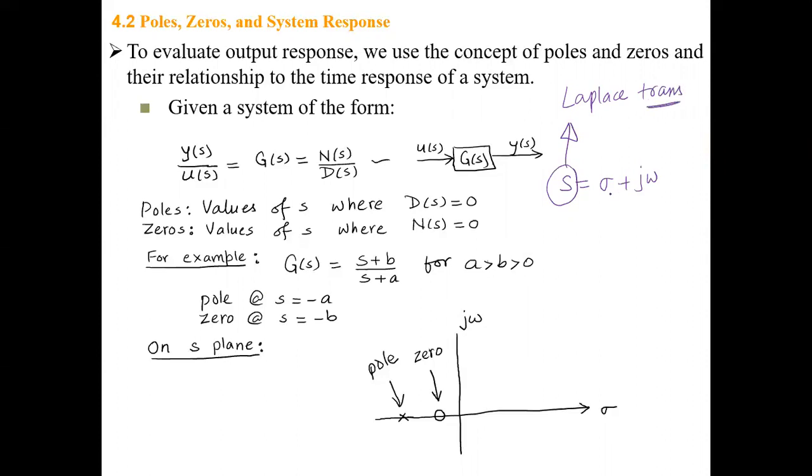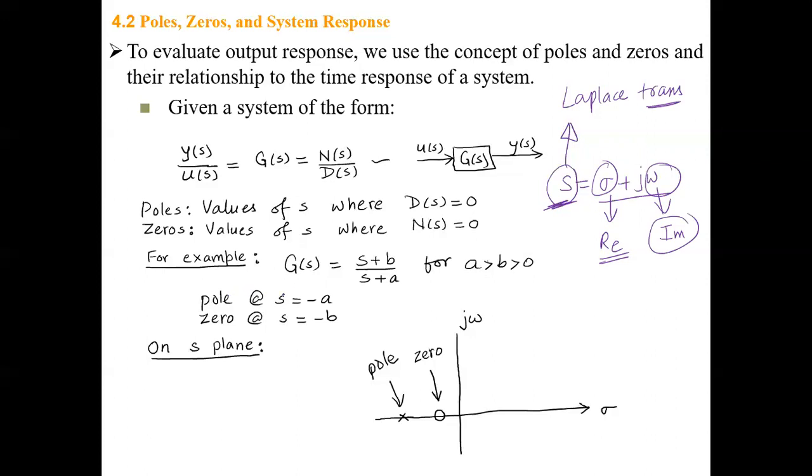So this s has two parts. One is the real part, which is sigma. The other part is the imaginary part, which is omega. A complex number has a real part and an imaginary part, simply Re and Im. Real part is sigma, imaginary part is omega.